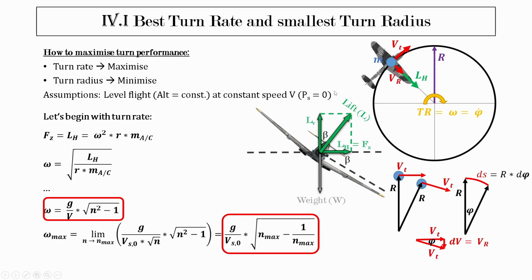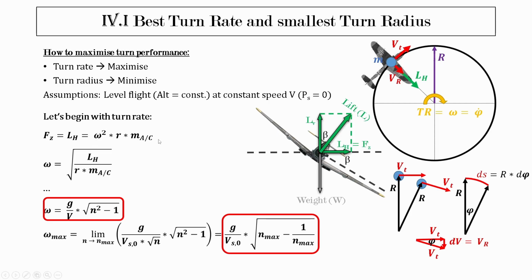Again, these assumptions apply. As you can derive from the picture here on the right, our centripetal force is equivalent to our horizontal lift force that's pulling us into the turn.